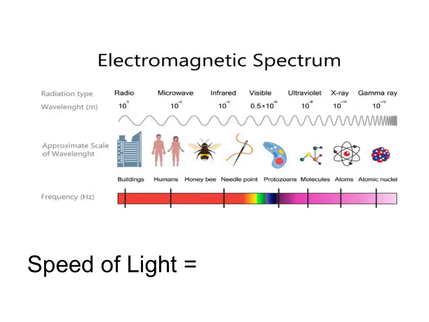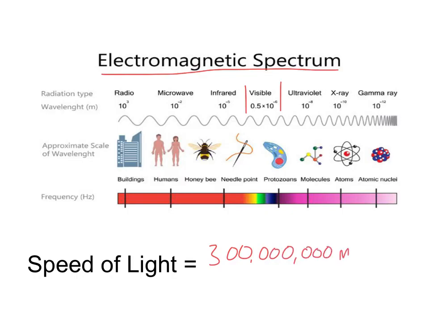Now, if we look at light, light is a part of the electromagnetic spectrum, and the visible light that we see is one small part of this spectrum. We have things like radio waves, microwaves, infrared waves, ultraviolet rays, X-rays, and gamma rays. All of them travel at a speed of 300 million meters per second.